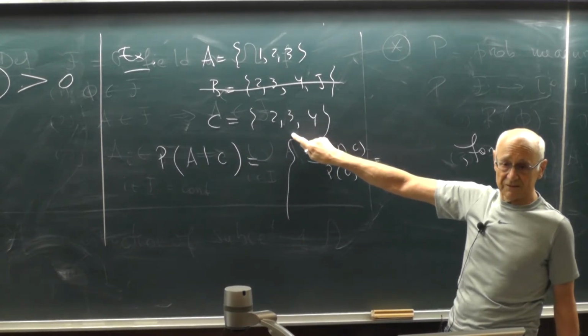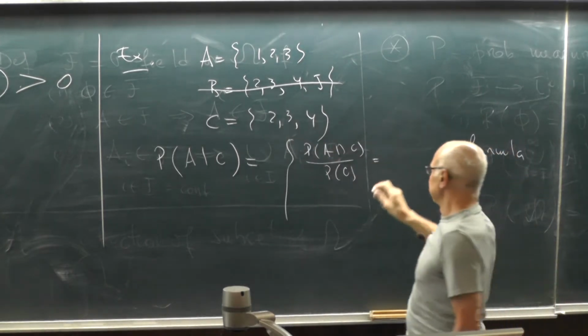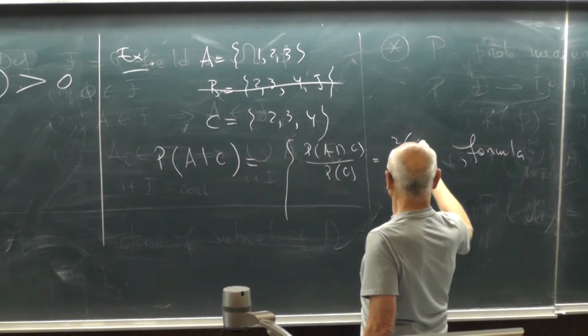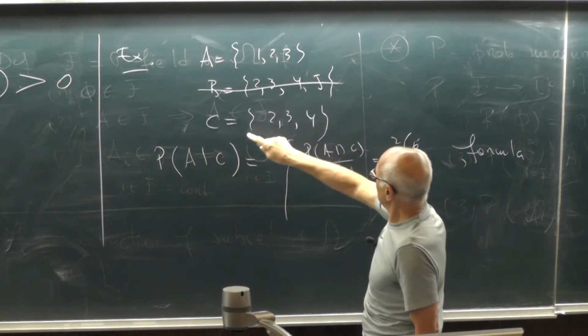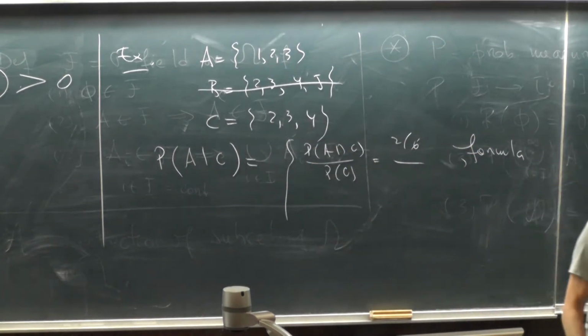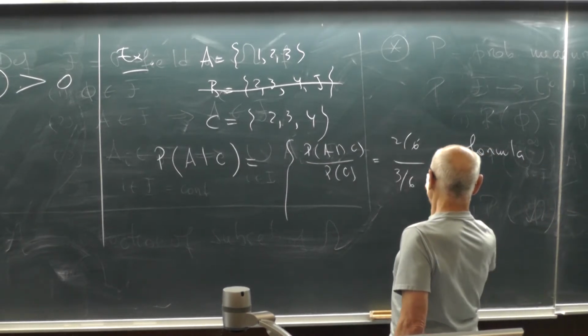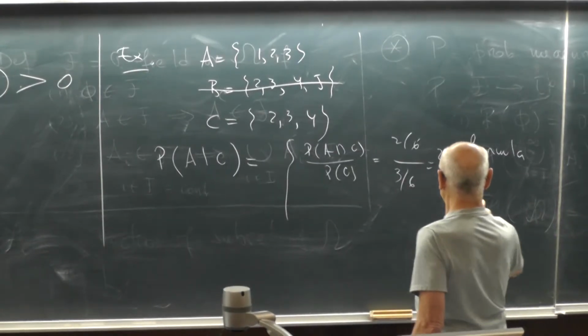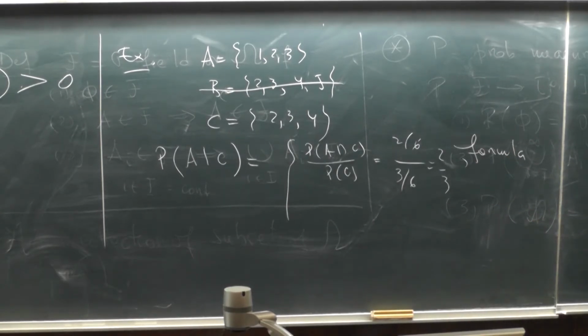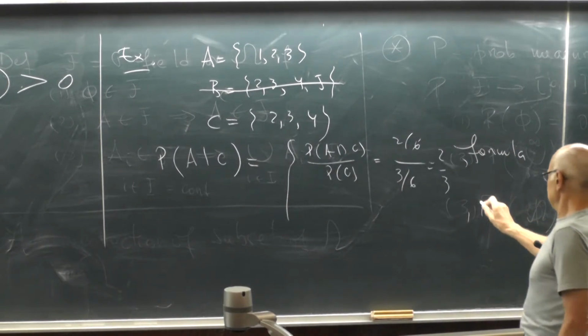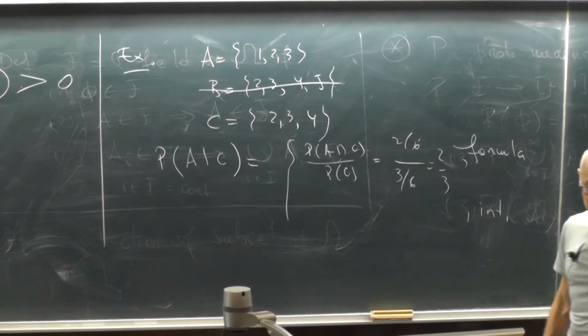So it's 2 out of 6. And C, you see if 2, 3, or 4 occurs, so it's 3 out of 6. So it's 2 by 3, right? That's by formula.